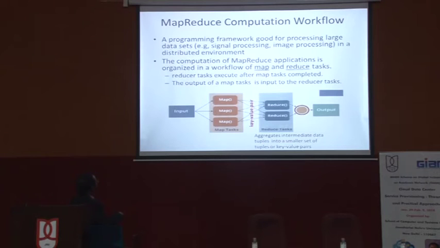The mappers take the data, break it into smaller tasks, and return what we call a key value pair. So it's like a dictionary. If you know Java or Python, it's a dictionary which has a key and a value. That return goes to the reducers, which collect those results, aggregate them together, and output them.